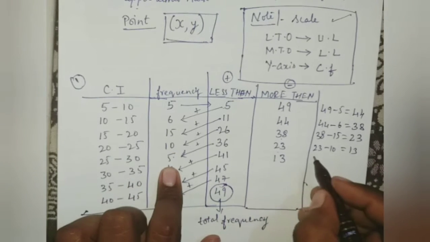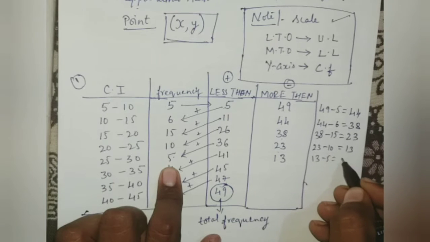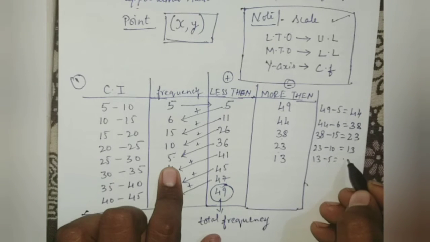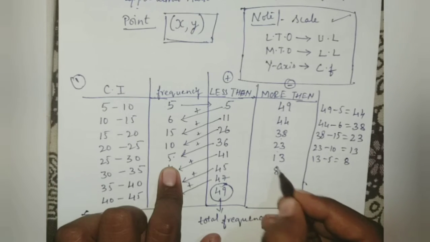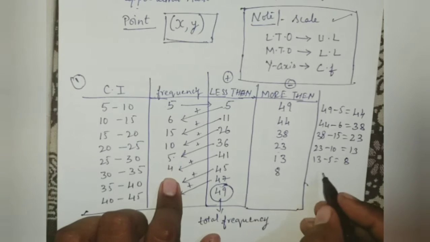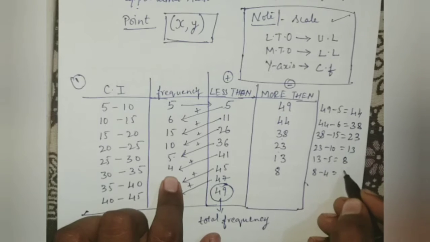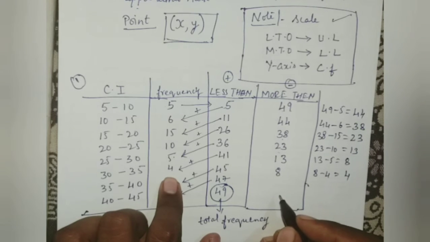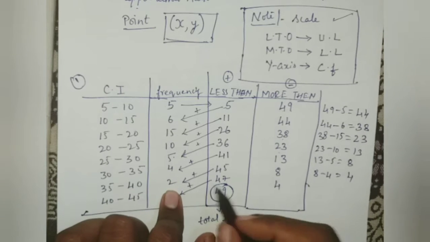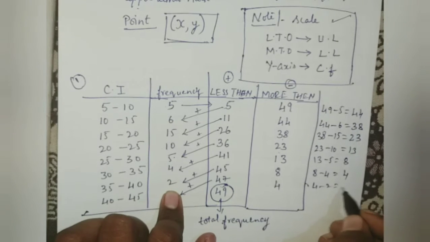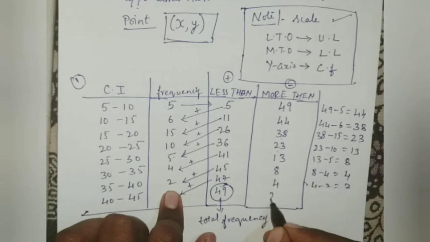Next, 13 minus 5. What is 13 minus 5? 8. So next answer is 8. So 8 minus 4. Answer is 4. So next, 4 minus 2. What is 4 minus 2? 2. So answer is 2.